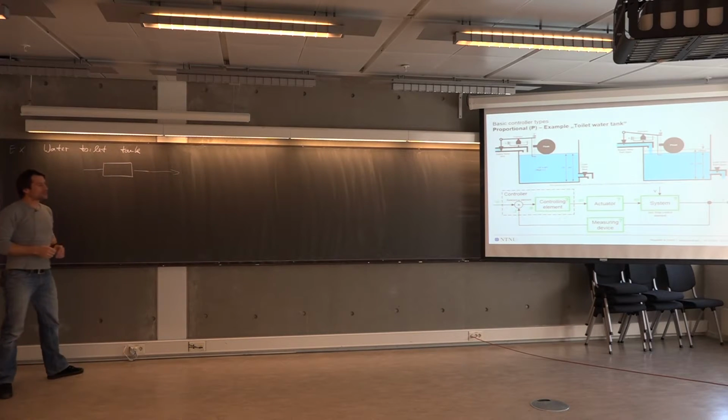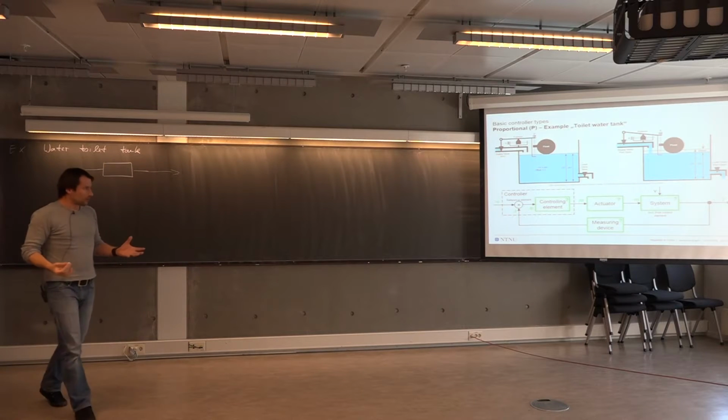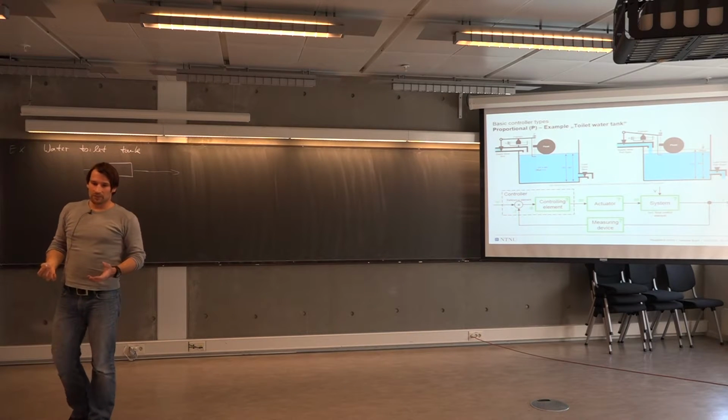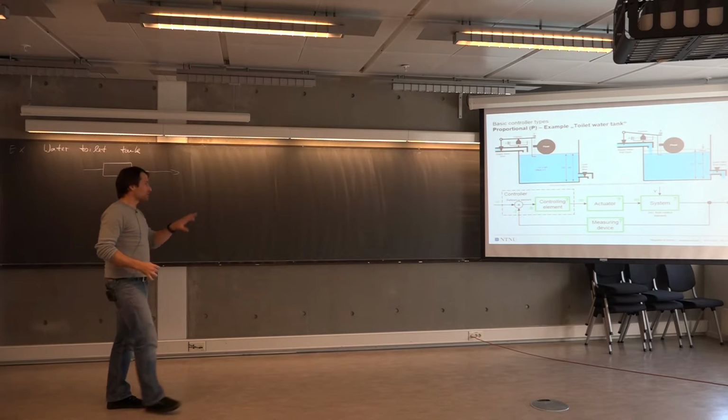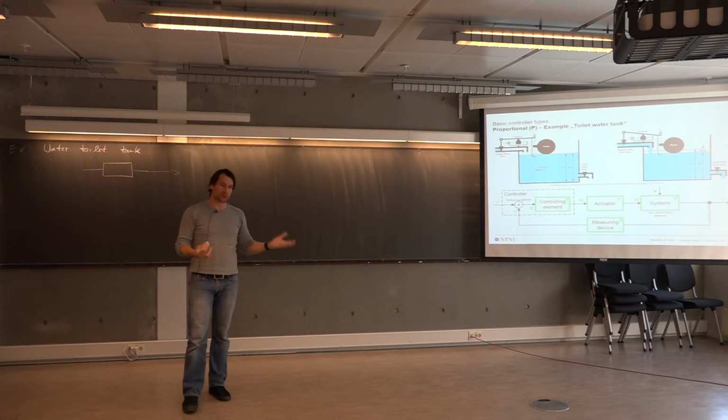So starting with the system, as we have seen yesterday, basically everything is a system. So you could consider this whole thing to be one system. That would certainly be correct.